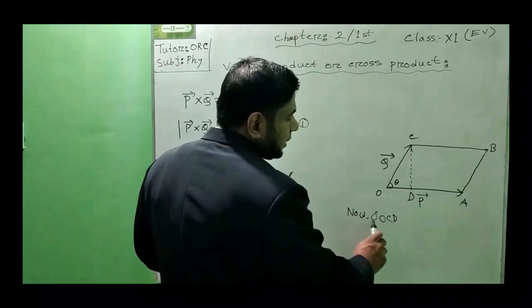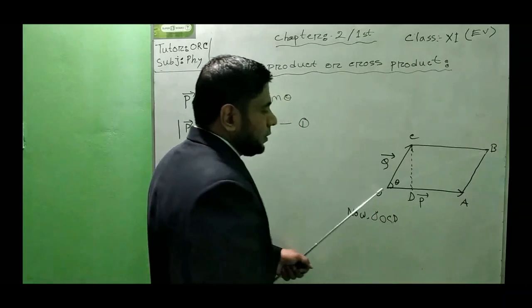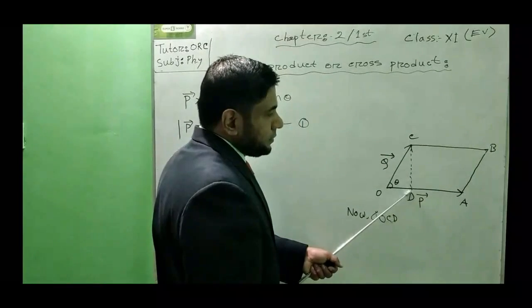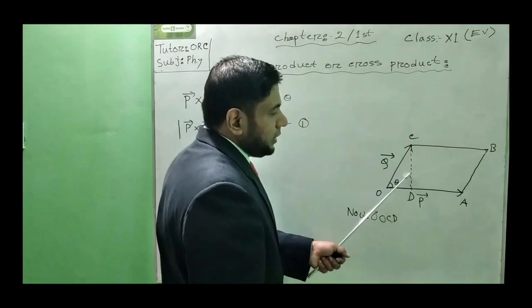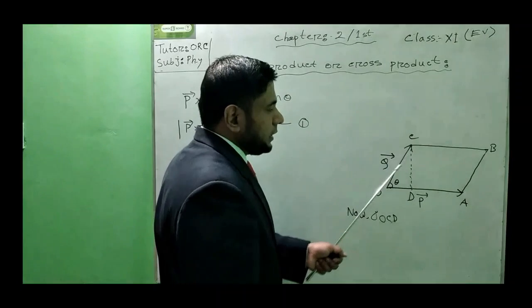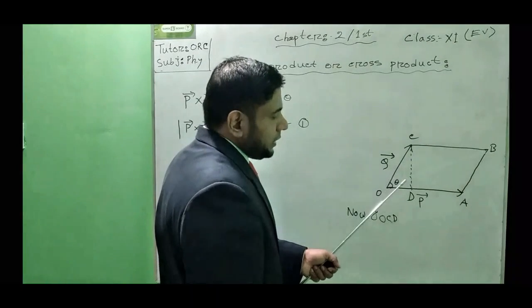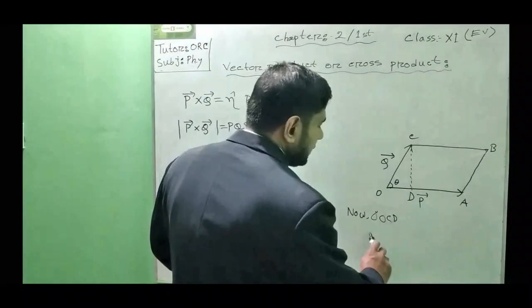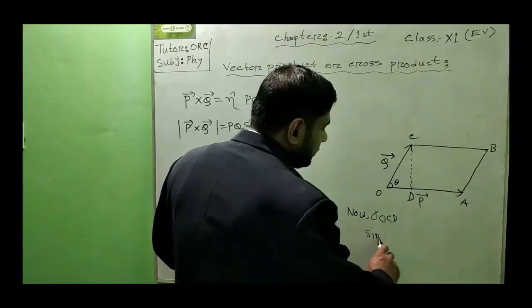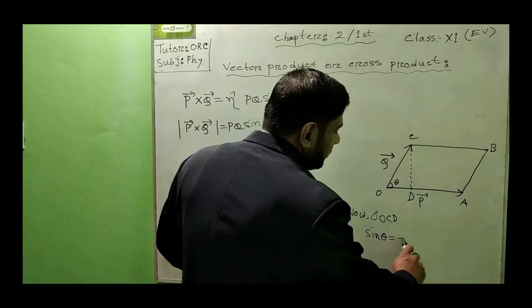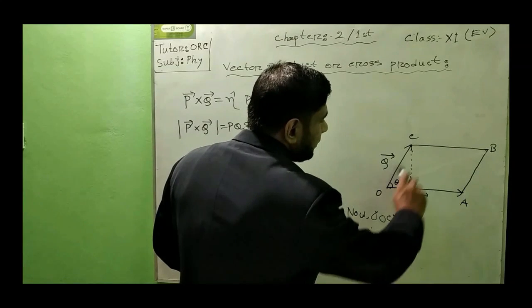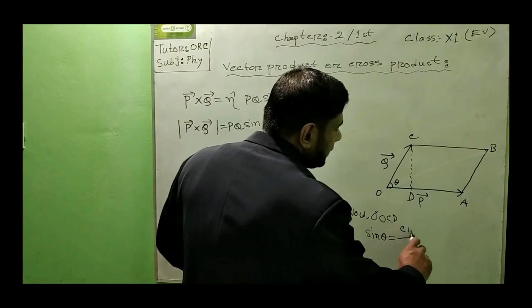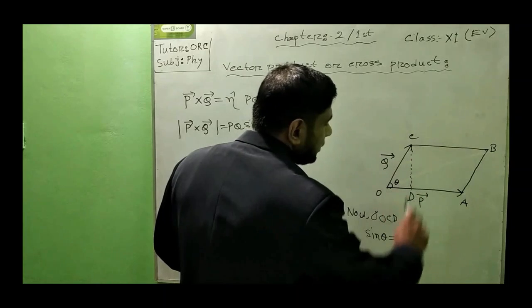From the right angle triangle OCD, CD is the perpendicular and OC is the hypotenuse. The relation between perpendicular and hypotenuse, we know, is sin theta. So sin theta equals perpendicular by hypotenuse. Here the perpendicular is CD and the hypotenuse is OC.